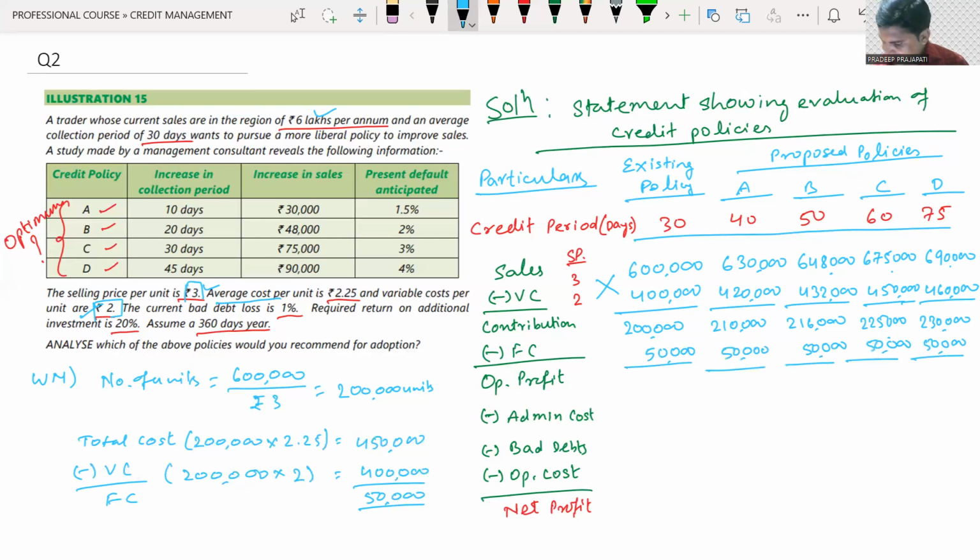Here it is 1,50,000. 210 minus 50, it will be 160. 216 minus 50, 166. 225 minus 50, it will be 1,75,000. Last one, 230 minus 50, it will be 1,80,000. So I hope up to this stage there is no problem.